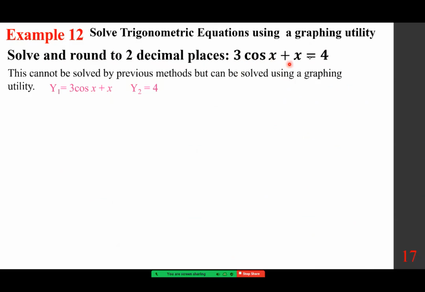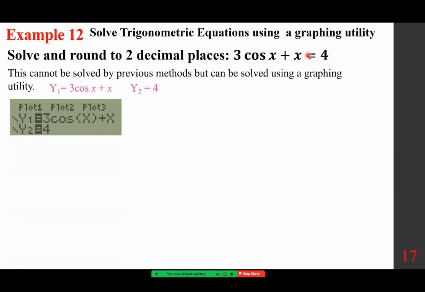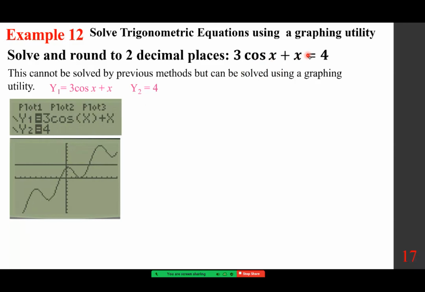Y1 is the left side, Y2 is the right side, everybody. We graph them, and now we use the intersection to find the solution. So this is the graph of the left side, and this is the horizontal line y equals 4. The point of intersection we're looking for is this one. So use intersect to find solutions.